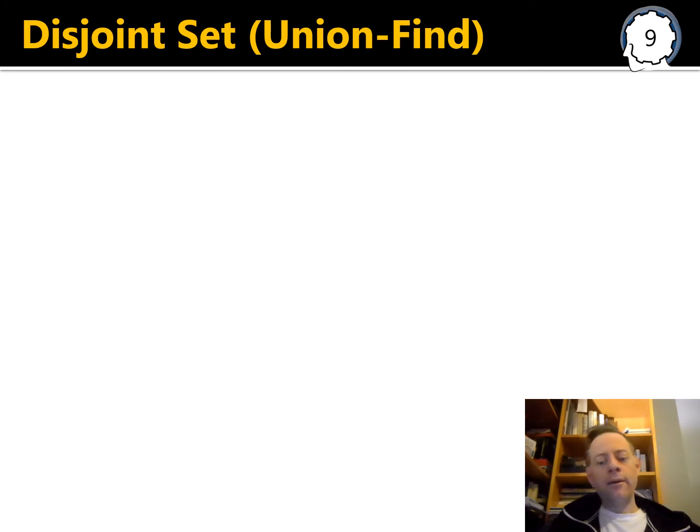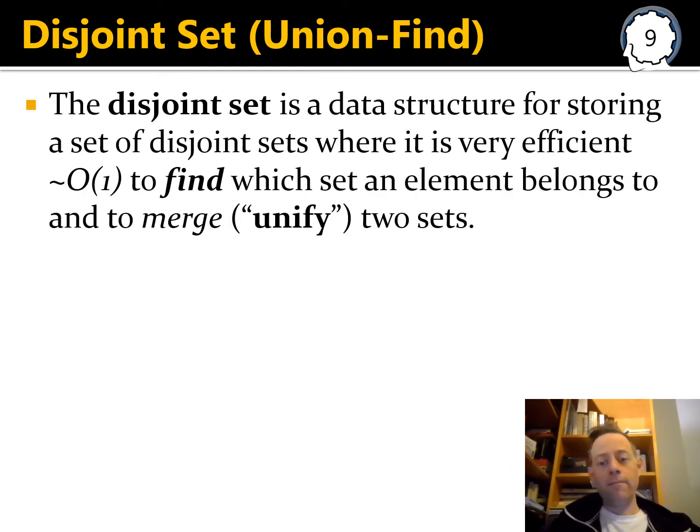And then one interesting data structure is called the disjoint set, which is explicitly being used to keep track of sets of sets. It's also called the union find method. So a disjoint set is a data structure for storing a set of disjoint sets, which is very efficient, both to find and to merge two sets.